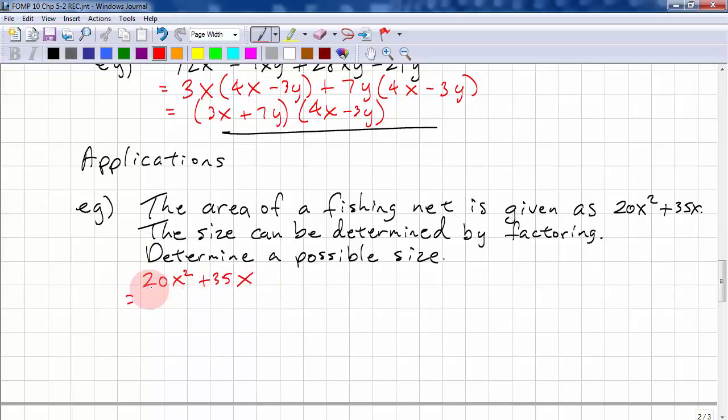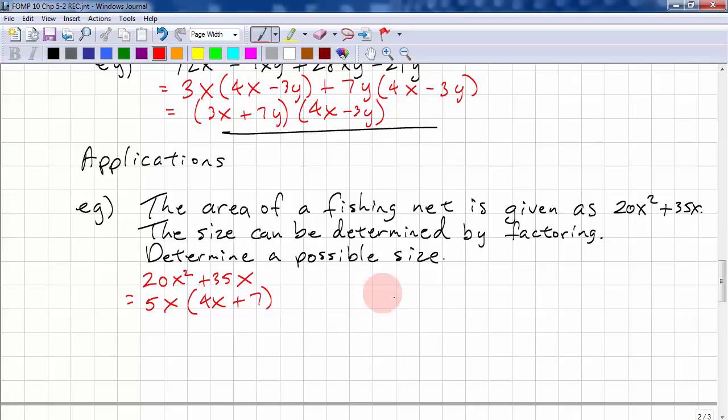What's common between these two is a 5 and an x. And we're left with 4x. 20x squared divided by 5x is 4x. 35x divided by 5x is just 7. So that's one way to factor it.